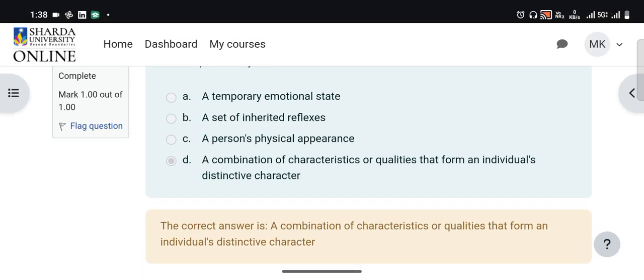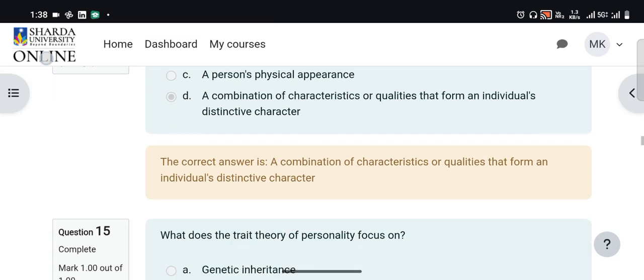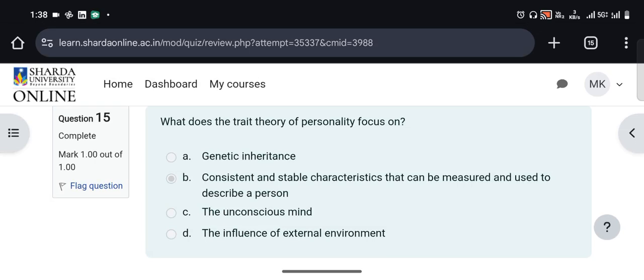The correct answer is a combination of characteristics or qualities that form an individual's distinctive character.